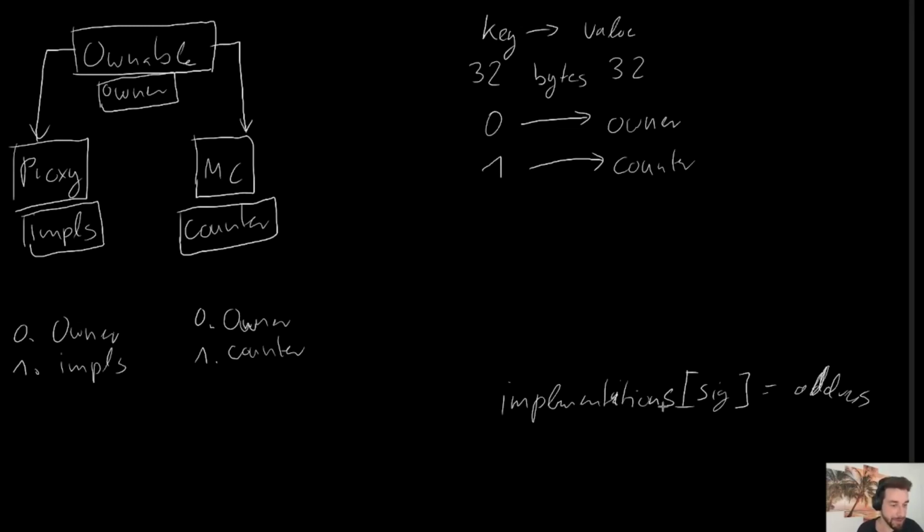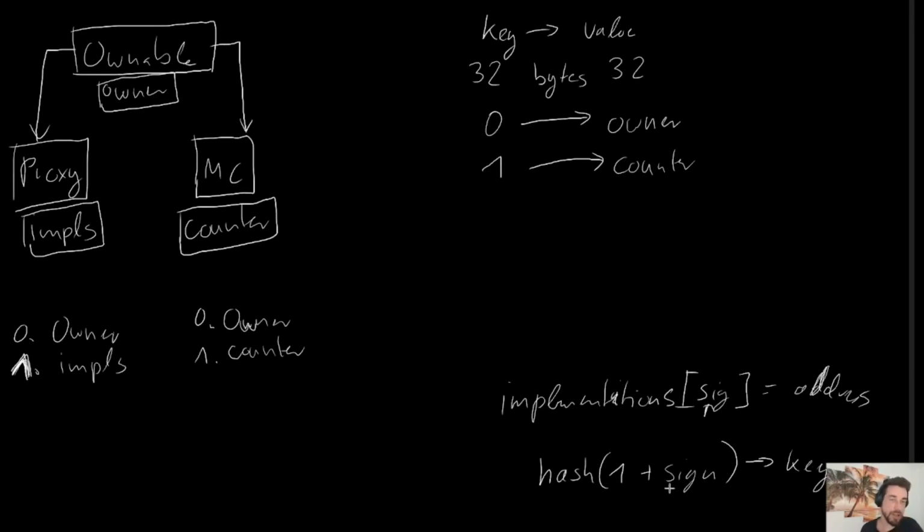Anyway, what happens to this signature is that it is hashed together with the storage slot that has been assigned to the implementations mapping. In this case, it is the storage slot 1, and then it also adds in the signature. The result of this hash is the actual storage key.